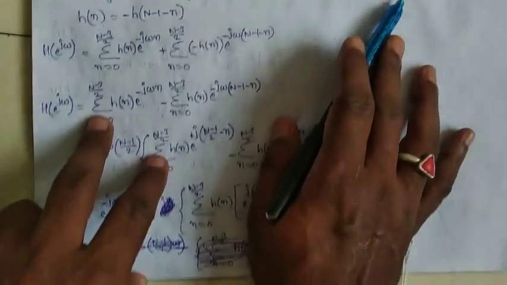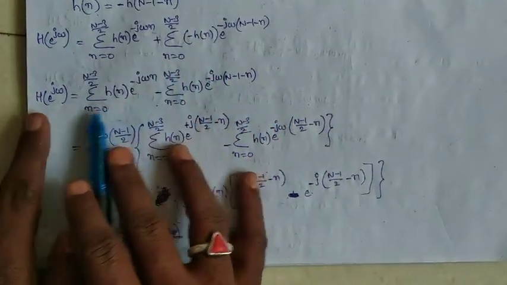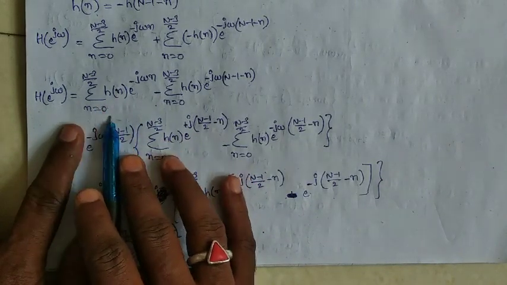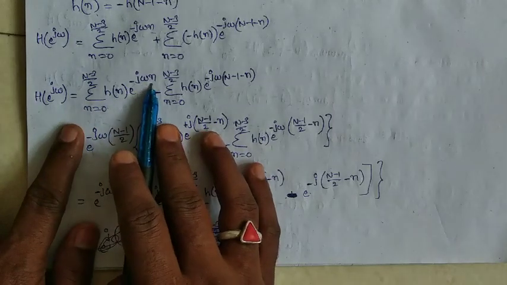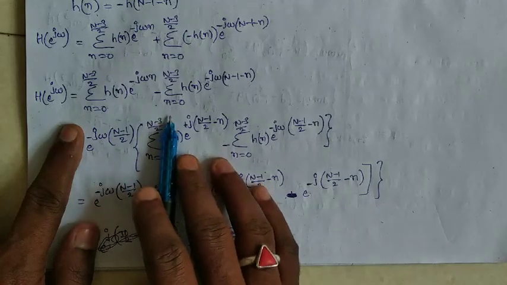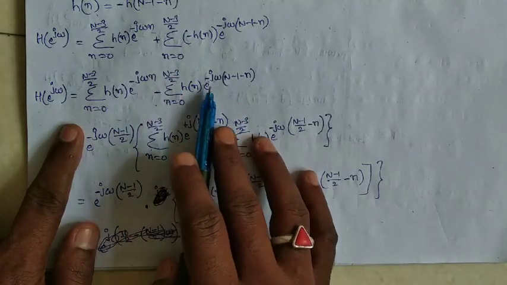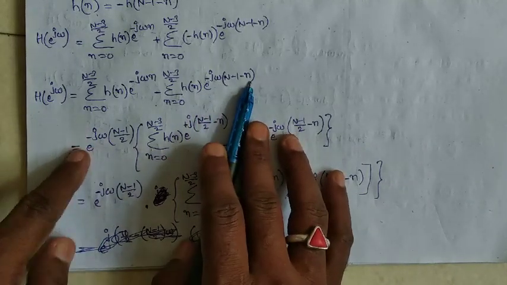So h of e power j omega is equal to summation n is equal to 0 to N minus 3 by 2 h of n into e power minus j omega n, plus into minus it is minus summation n is equal to 0 to capital N minus 3 by 2 h of n into e power minus j omega of capital N minus 1 minus n.